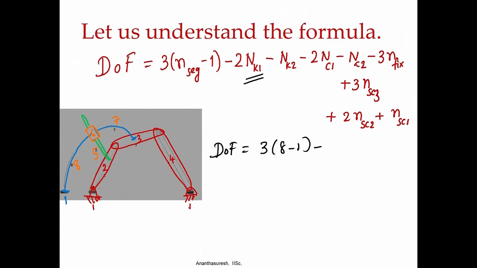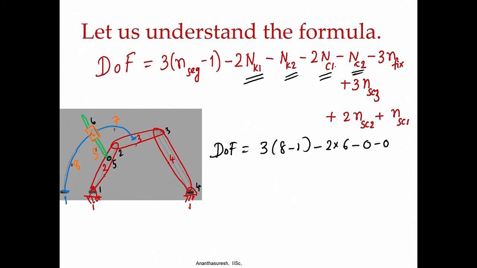The 4 bar has 1, 2, 3, 4, and then we have a prismatic joint here and another joint there. So, in black, 1, 2, 3, 4, and there is 5 and 6 over there. So, I have 2 into 6. There are no NK2 joints, that is 0. NC1, NC2, NK2 are not there in this one, so they are all zeros.